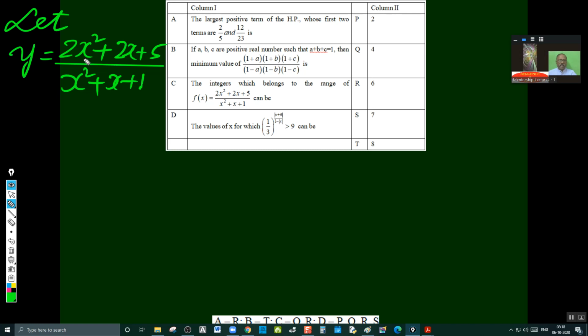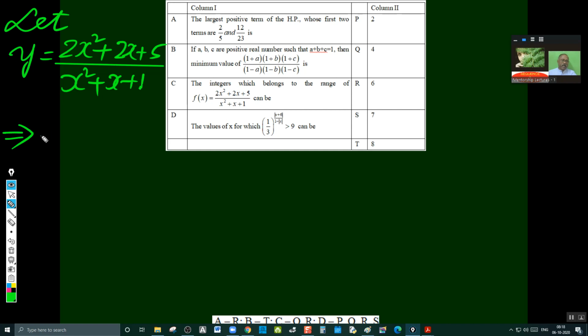If you talk about x, you are talking about the domain of the function, the input. It is quadratic in x, with y as the variable, so we'll have to take the discriminant. No, y is not the variable; y is to be treated as a constant now.